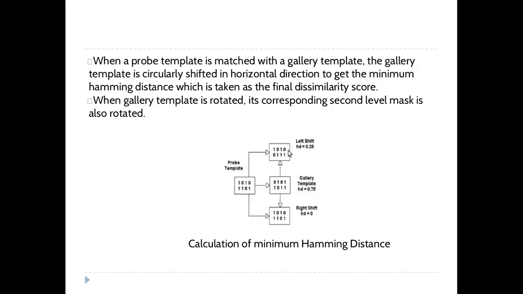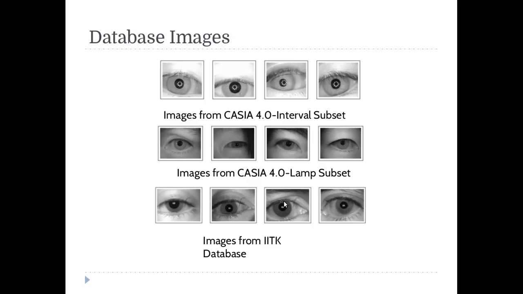We can also rotate it left or right to counter any alignment problem, so we do some left and some right bit shifts. Basically we take a probe and match it with the gallery template and its shifted versions to the left and right to find the minimum distance.